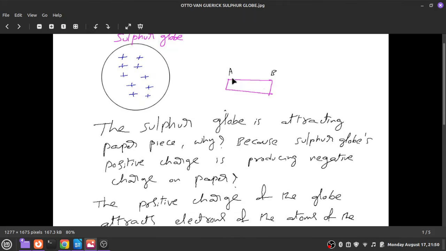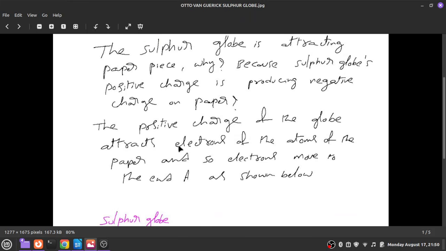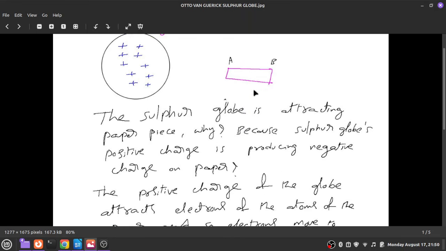Once that paper is placed very near to the charged sulfur globe, the positive charge of the sulfur globe is producing negative charge on the paper. Why? Because the positive charge of the globe attracts electrons of the atoms of the paper.